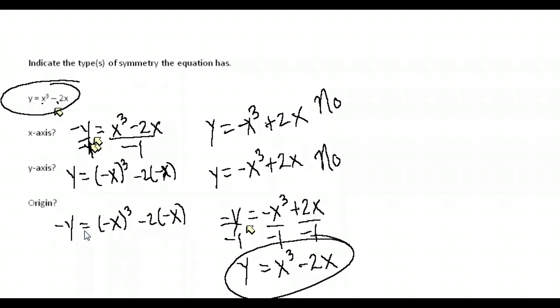It is the exact duplicate of it. So with our simplification, it did work out. So yes, this one is symmetric with respect to the origin, but not with respect to the x-axis or the y-axis. We had to have the combination of both the negative x and the negative y for that to work out.